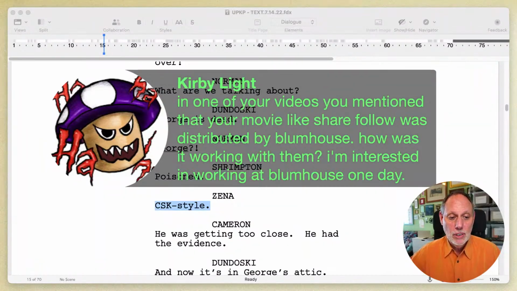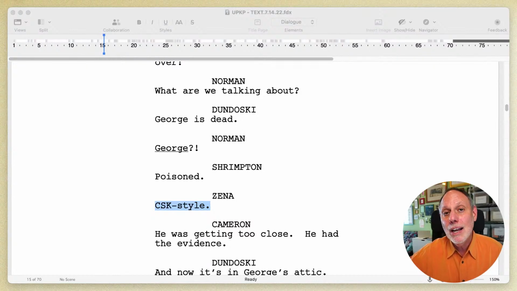Blumhouse is a place that, at least at the time I was around there, was very into giving people a chance, working with people who wanted to work their way into the business and learn it and grow. They really helped develop people at all levels of the business, from the people at the front desk and the interns, all the way up through the editors and the directors. Everybody was constantly working, not for the biggest money and not at the most glamorous place.